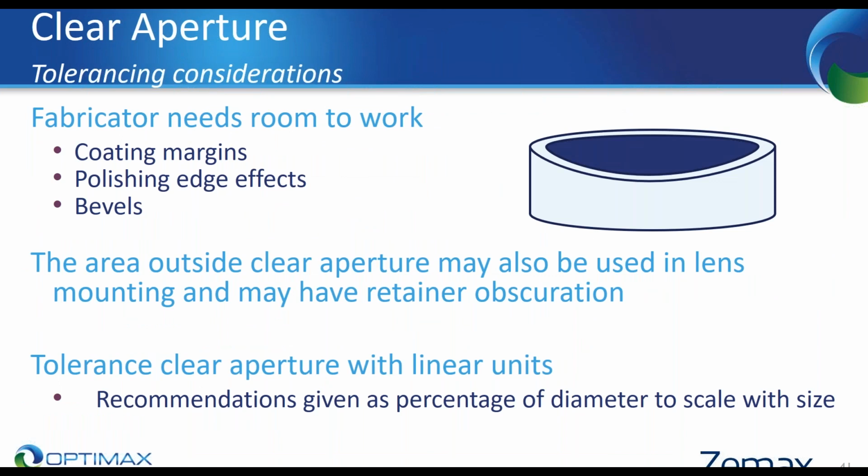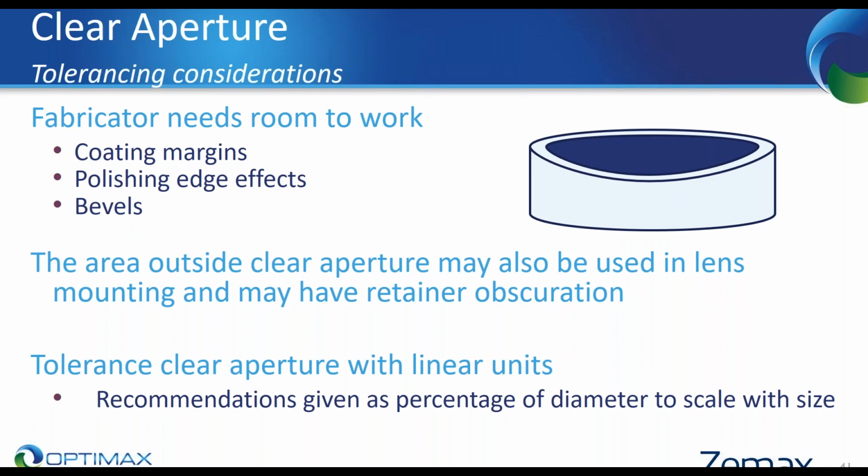This can be a lifesaver later on. Having a conversation with your optomechanical designer and your fabricator to make sure that the tolerances are evenly distributed, to essentially minimize the overall cost but maximize performance, is a desired state.